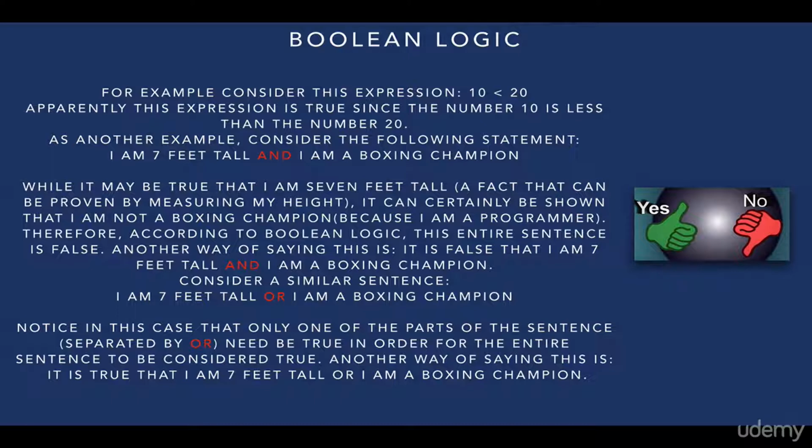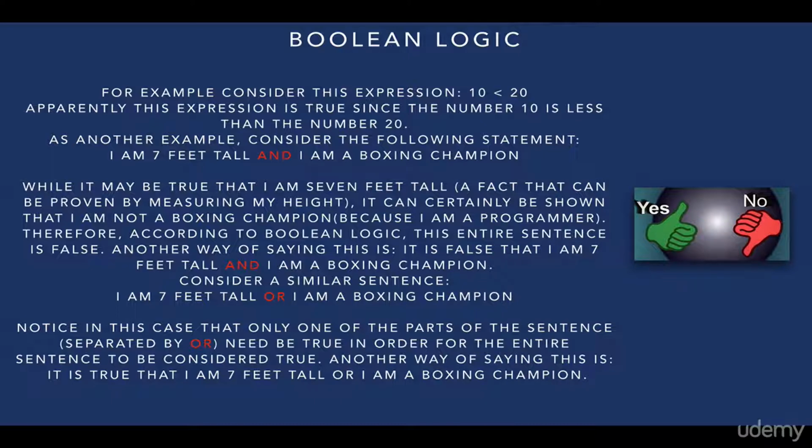Another way of saying this is, it is false that I am 7 feet tall and I am a boxing champion, okay? So, let me point out again that when you are using an AND operator, the two parts of the statement must be true. For example, in this example, I am a 7 feet tall person, okay? This is true, and I am using an AND operator here.